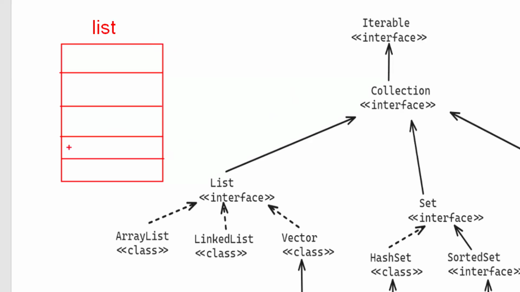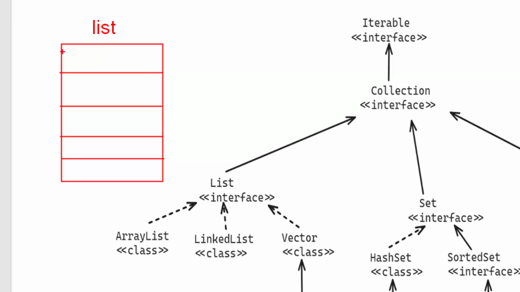So this is one list, and it is one object. A list is a collection object. But what does this object contain? Elements. The elements in this collection are objects. Elements of a collection are always objects.